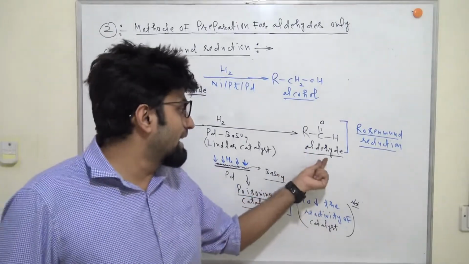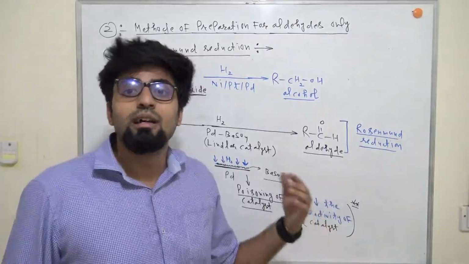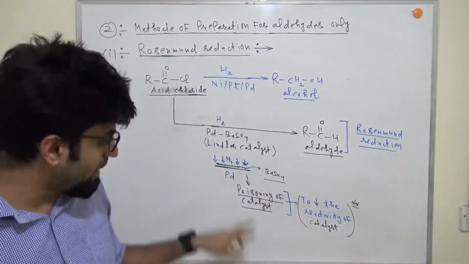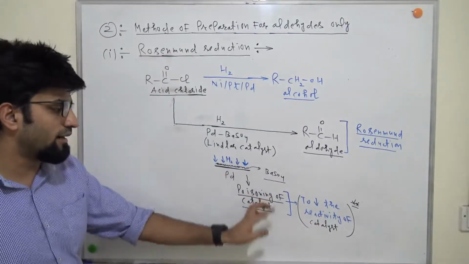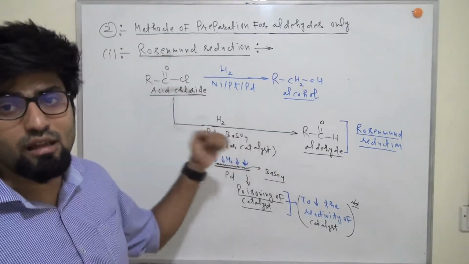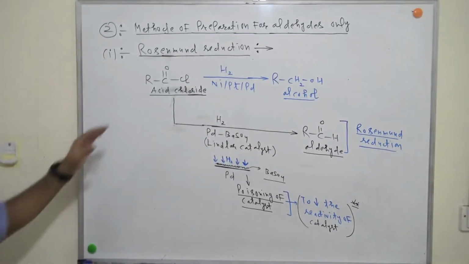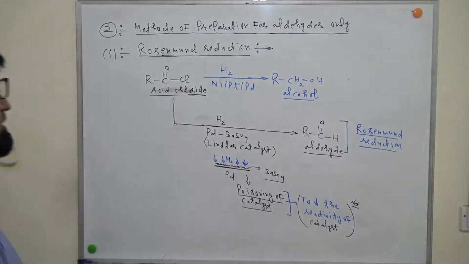Aldehyde can further be reduced to alcohol, but we get aldehyde only because we decreased the reactivity of the catalyst by poisoning it with the paste of BaSO4 on the palladium surface. Understood? This particular reaction is known as Rosenmond reduction.